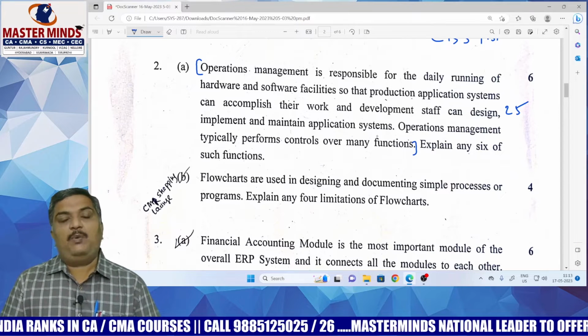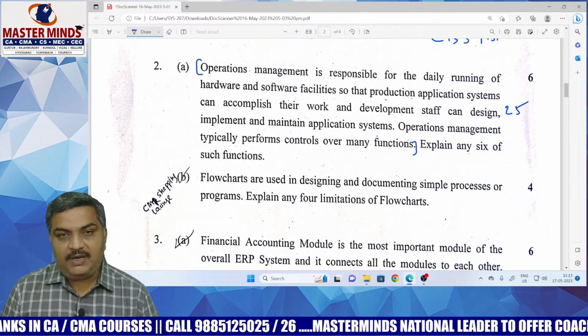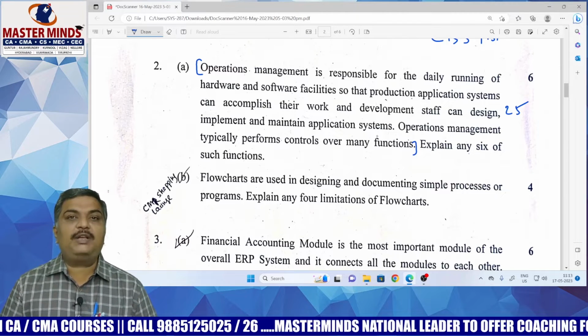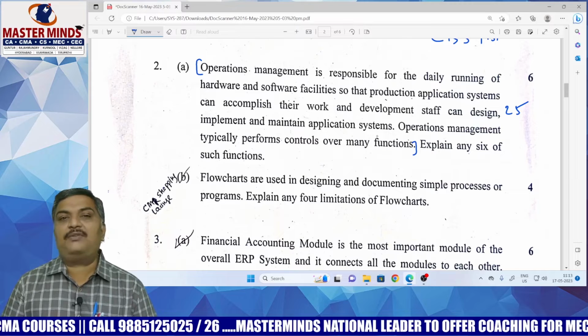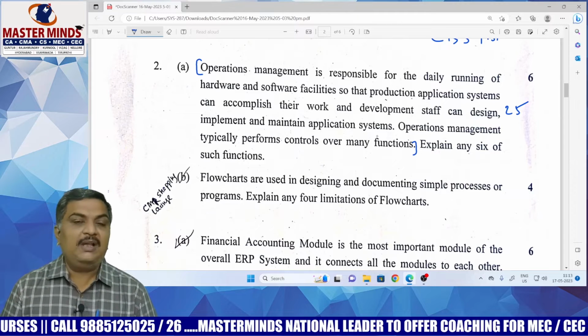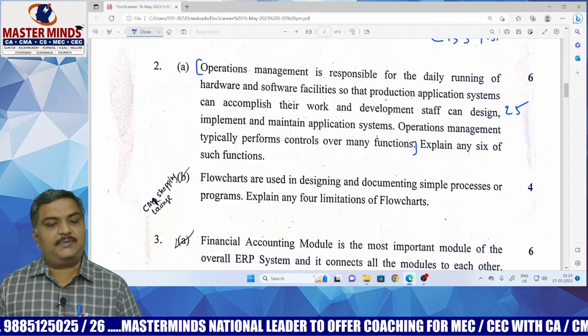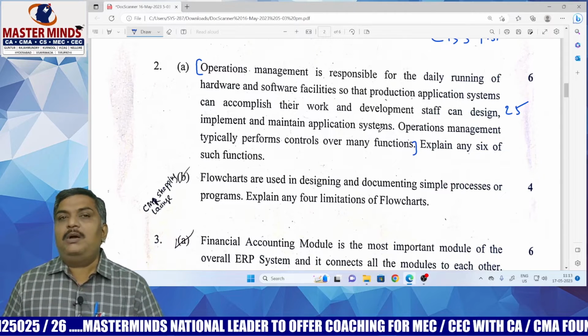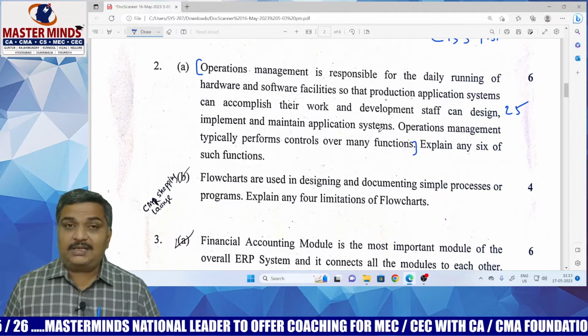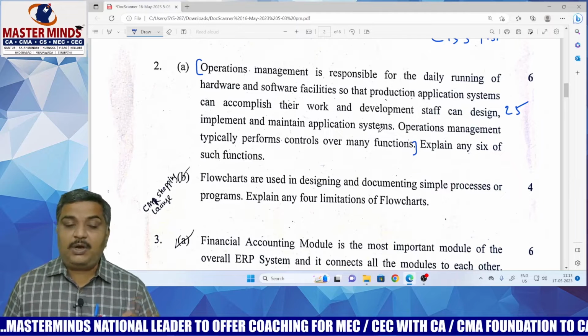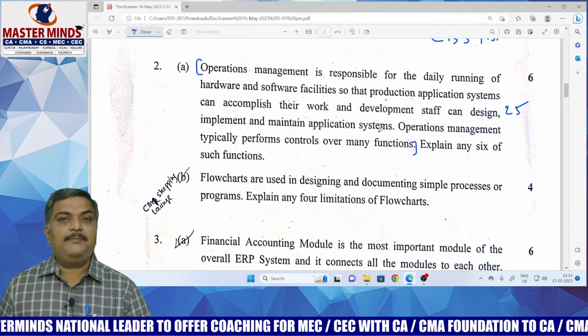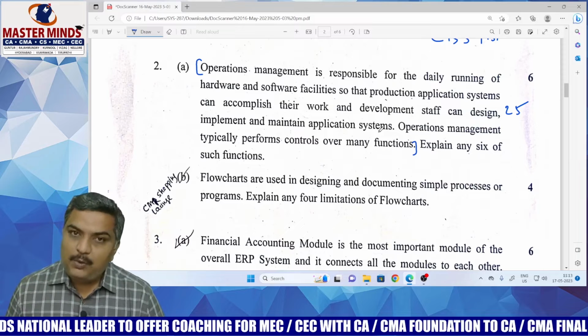Once an information system has been developed, it will be the responsibility of operations management to take care of the functioning of the information system. And definitely this is a very important question. It is asked for 6 marks, and there will be no problem because you are asked to write 6 such functions, and each and every function carries 1 mark.